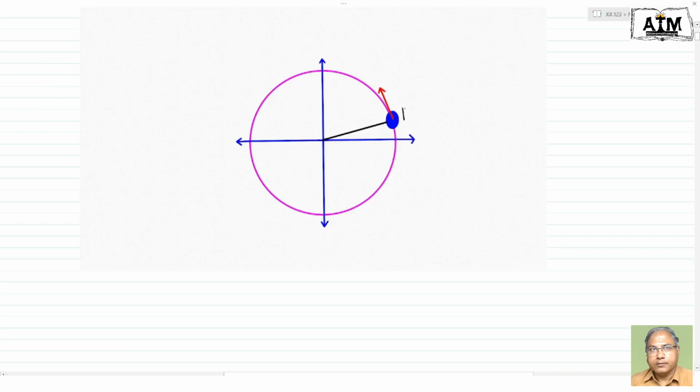Let P be the point on this path and O be the center, and OP is called the radius vector, vector R, and perpendicular to the radius vector is the transverse direction, that is the vector S.